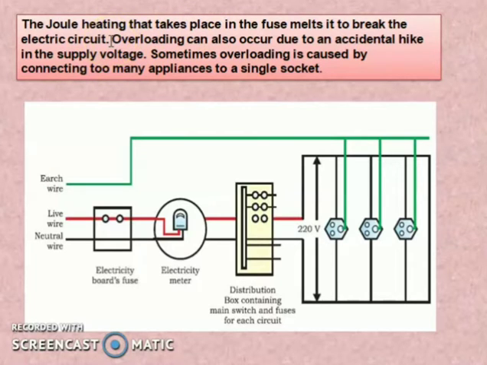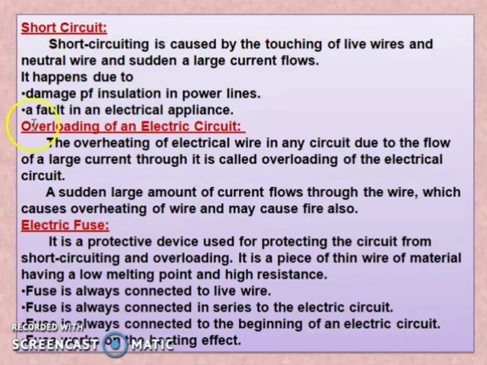Overloading can also occur due to an accidental hike in the supply voltage. Sometimes overloading is caused by connecting too many appliances to a single socket. So this is about the electric circuit.